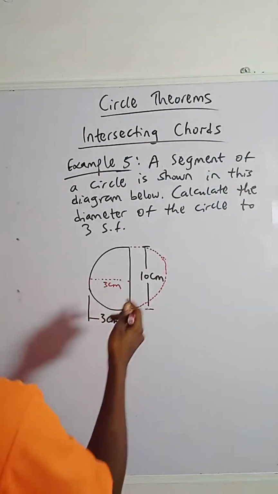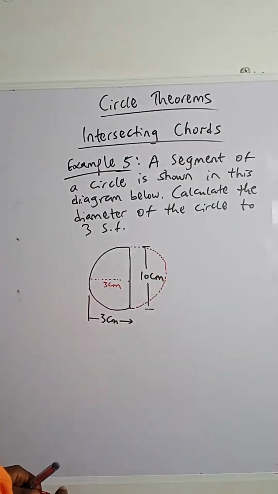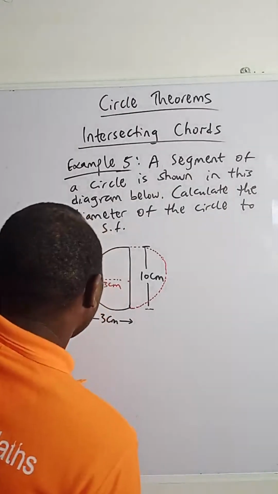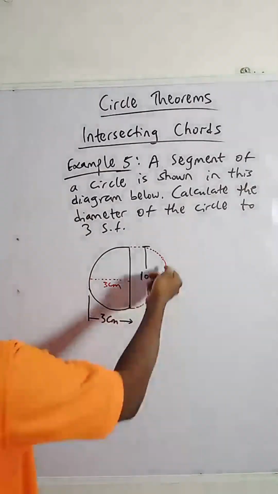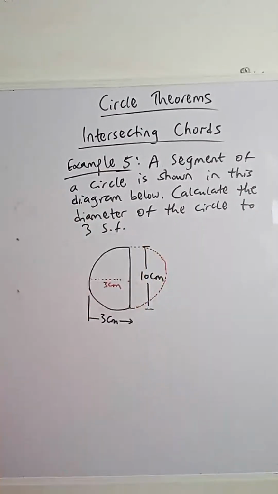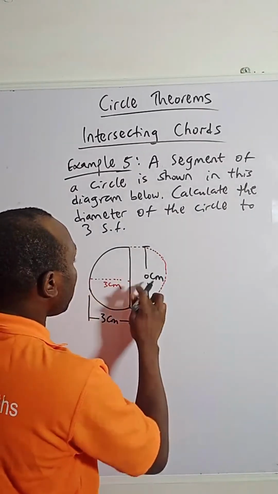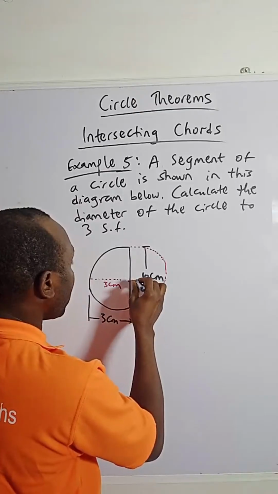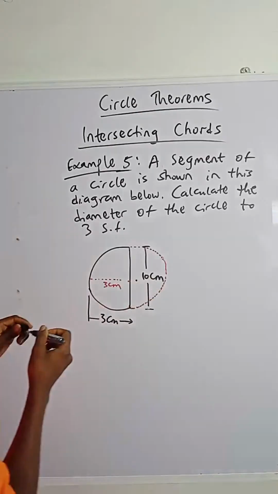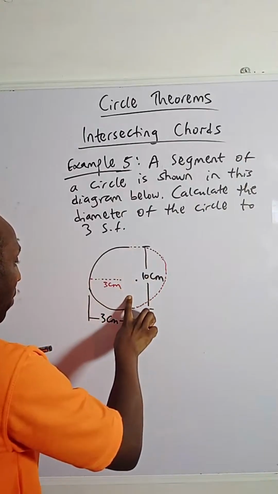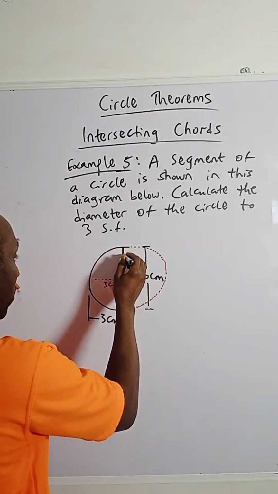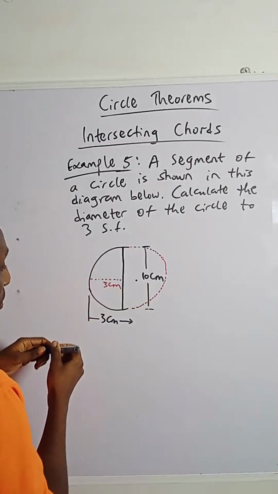Poorly drawn, but please just manage it. I'm not an artist. So now that's the circle, but this one is not the diameter. So what are we going to do? If we call this the center, let me write it along this line so it makes more sense.